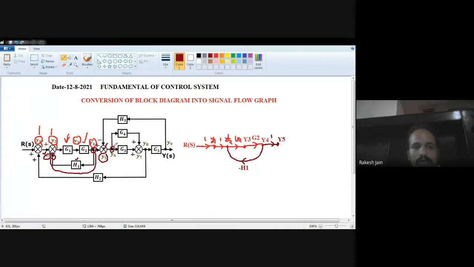See, this one is a node. So again a line is there whose gain is 1, because in this line from the summing junction to the y6 point nothing is in between. That's why 1 is given and the node name is y6.